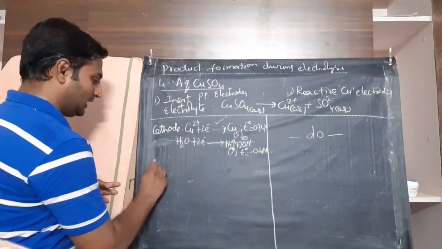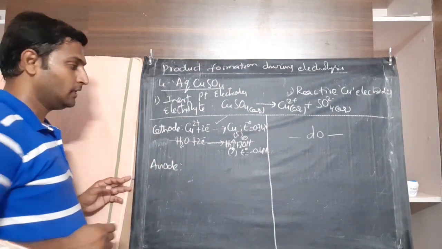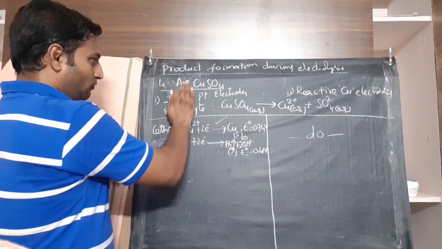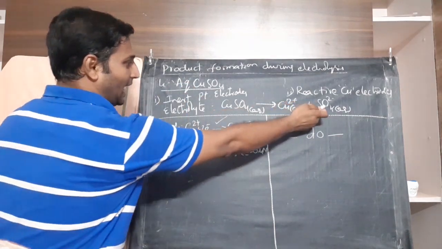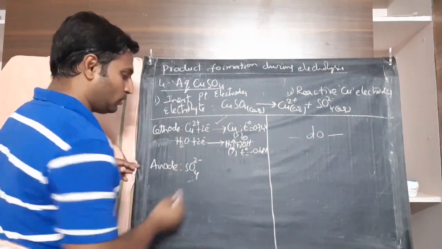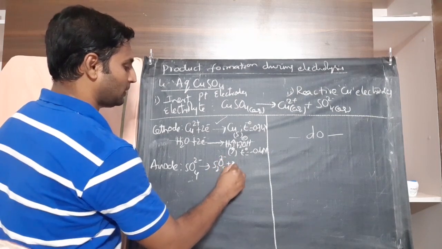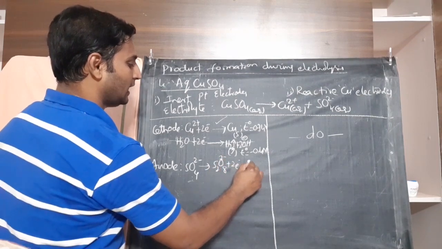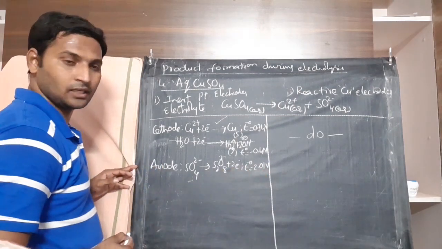Move on to anode, that is interesting. At anode, when you have inert platinum electrodes, 2 species are competing. The anion sulfate would have migrated to anode and would turn into peroxydisulfate S2O8 2 minus plus 2 electrons, for which the electrode potential is 2.01 volts, which we already discussed.